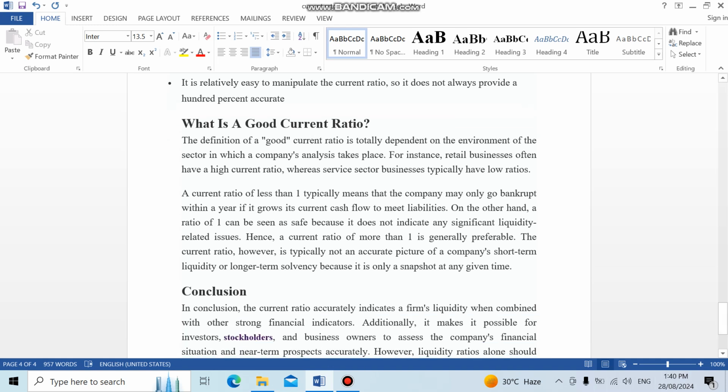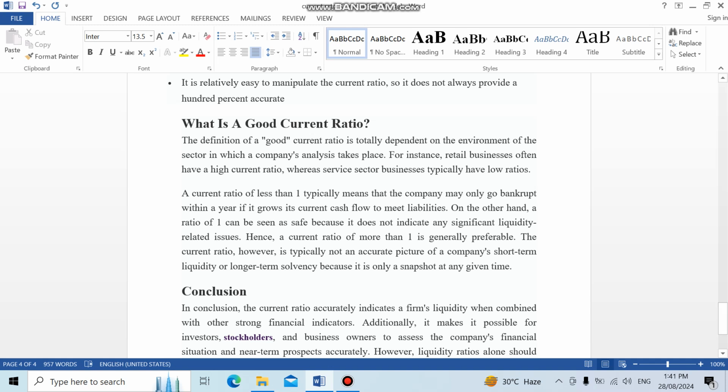Now, what is a good current ratio? The definition of a good current ratio is totally dependent on the environment of the sector in which the company's analysis takes place. For instance, retail businesses often have a high current ratio, whereas service sector businesses typically have low ratios. A current ratio of less than 1 typically means that the company may go bankrupt within a year if it does not grow its current cash flow to meet current liabilities.